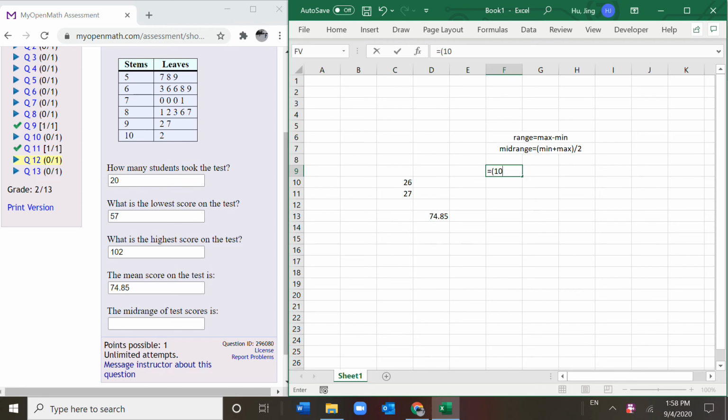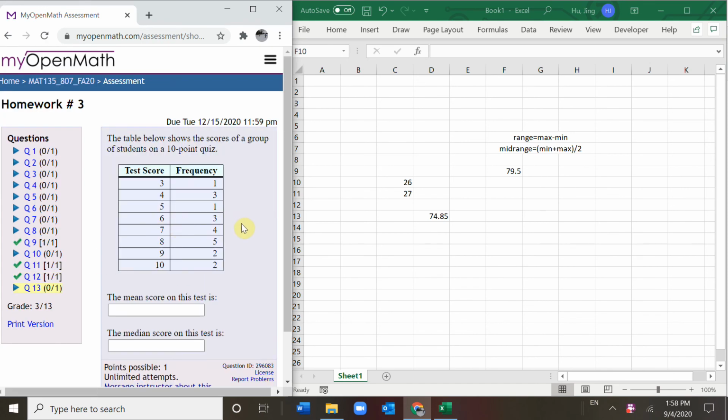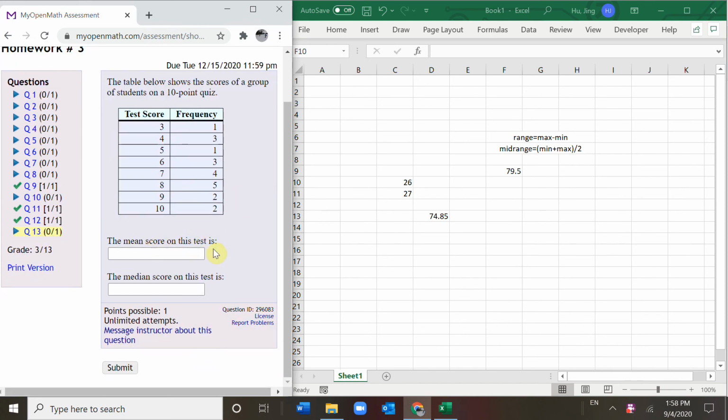So 102, the biggest number, plus the smallest, 57, divided by 2. So 79.5.